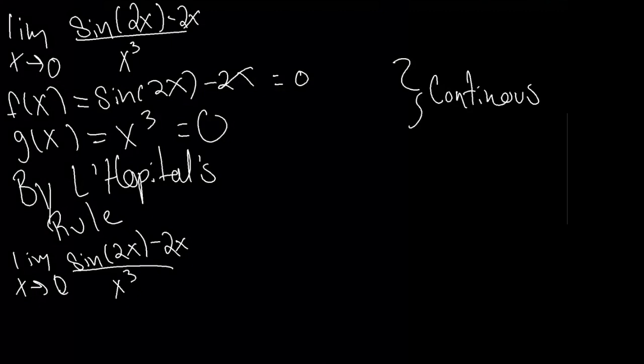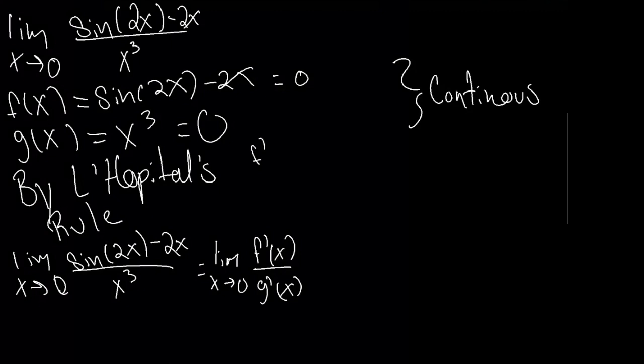And we know that this is equal to the limit as x approaches 0 of f prime of x over g prime of x, right? And now that we have this stated, we can find the derivative of the functions.